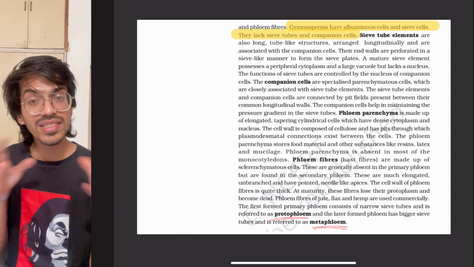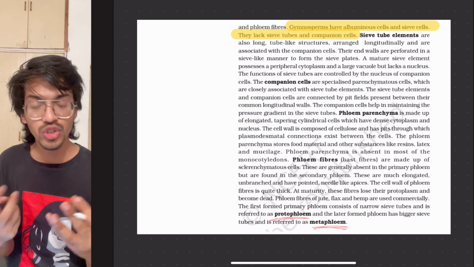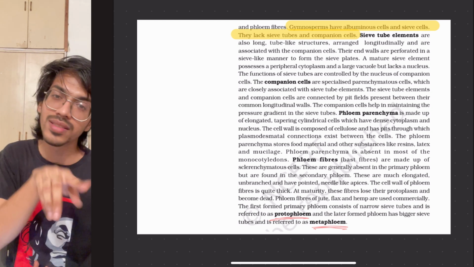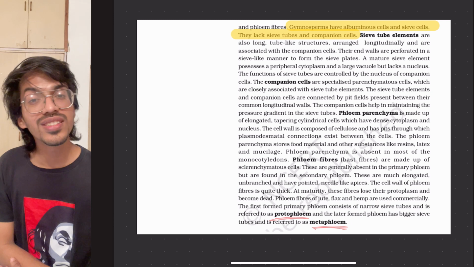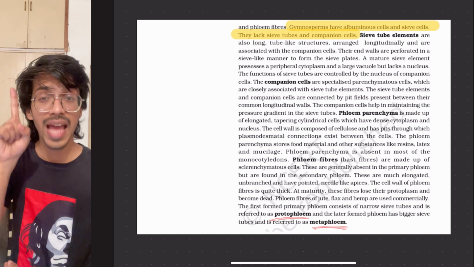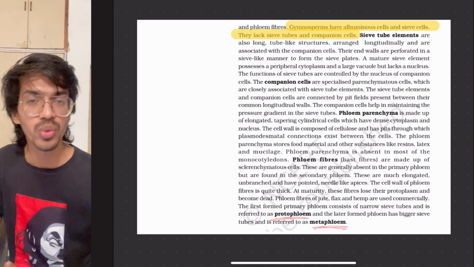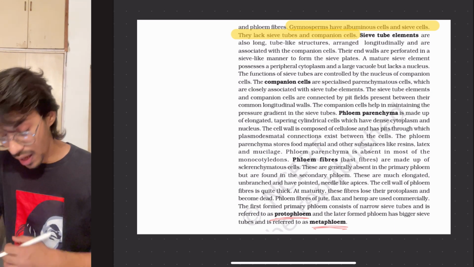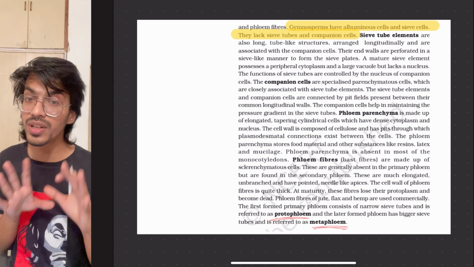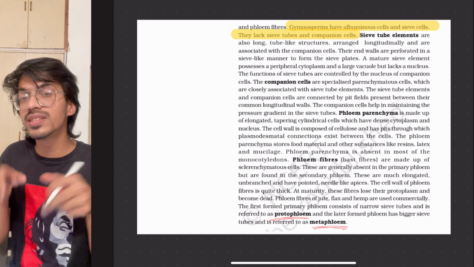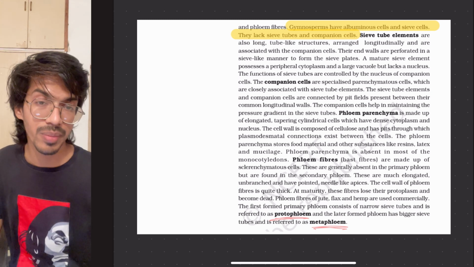Okay, now these tissues make systems. There are 3 systems that NCERT has given. So these 3 systems are what? First is the epidermal system, then we have the ground system, and then we have the vascular system. Now, in this video, we will halt over here because this is not given in NCERT, which you have to remember.